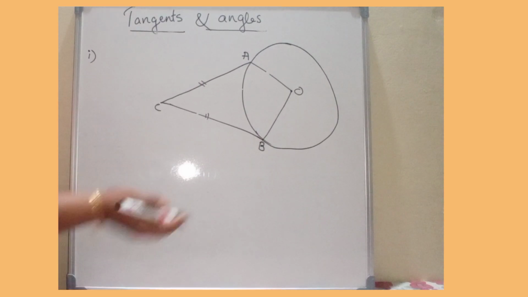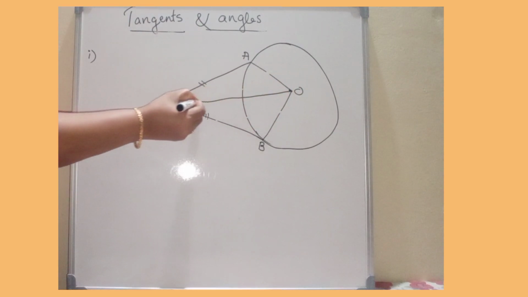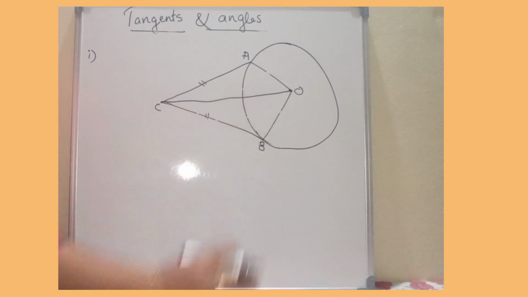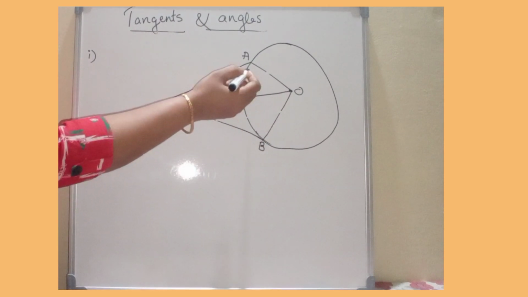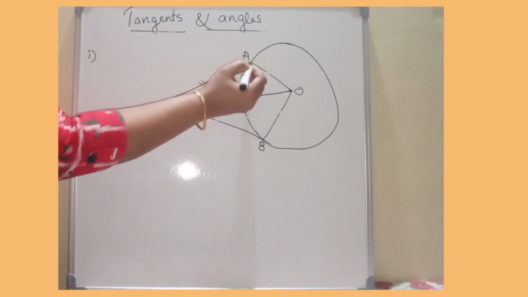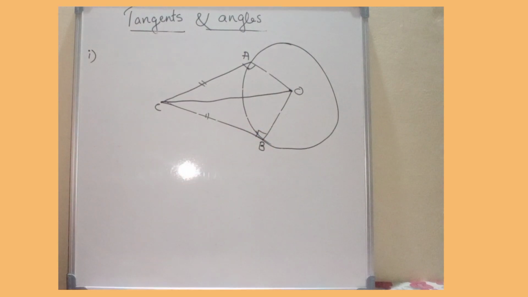For that, I just join O and C. Then I get two right triangles. We know that this angle is 90 degrees. Similarly, this angle is also equal to 90 degrees.